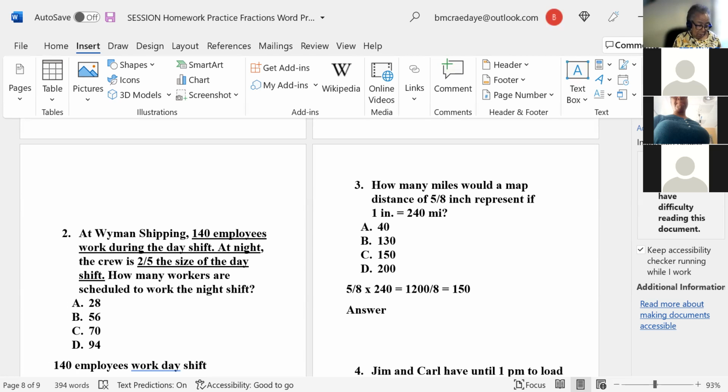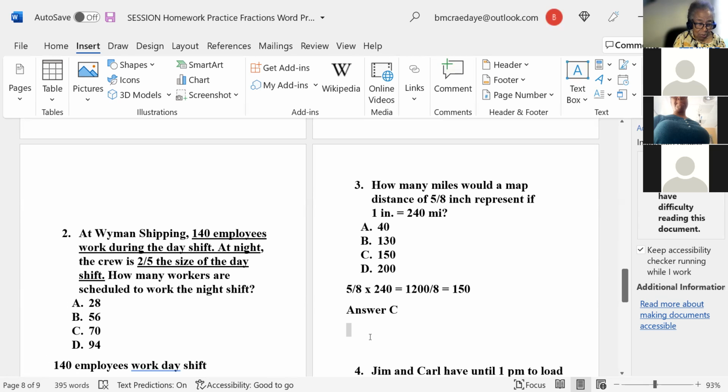Yeah, there's another way to get it. I'll tell you another way to do it. 1 inch is 240, and you can do this method. That means 8/8 inches. So you can put it as eighths, right?